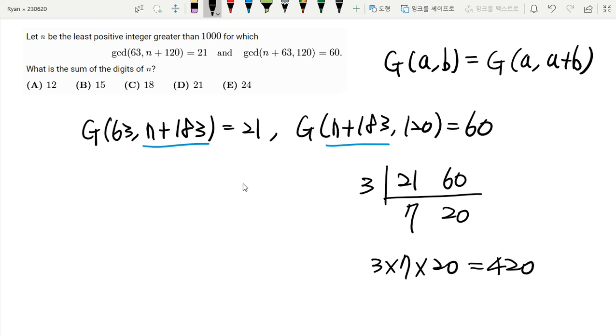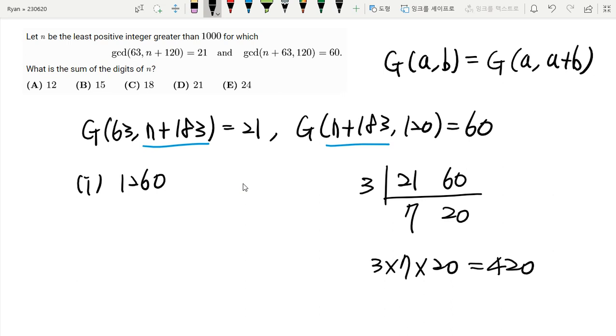So that means n plus 183 is a multiple of 420. And because the number is greater than 10, we can start with 420 times 3. That's 1,260.